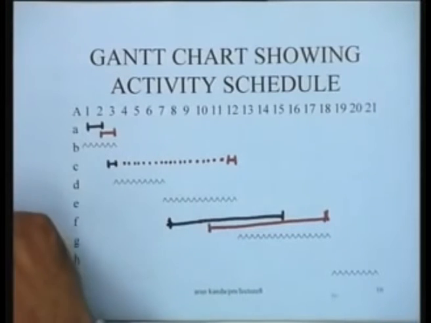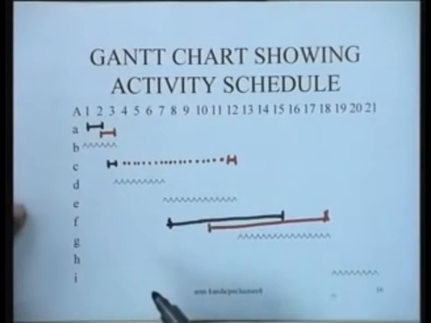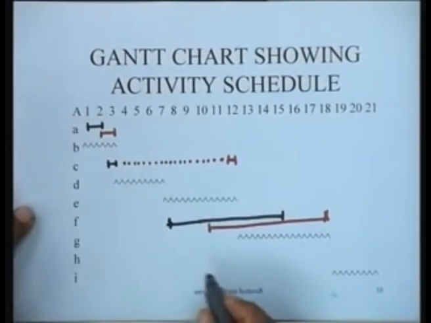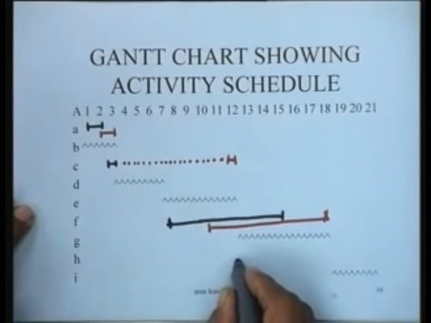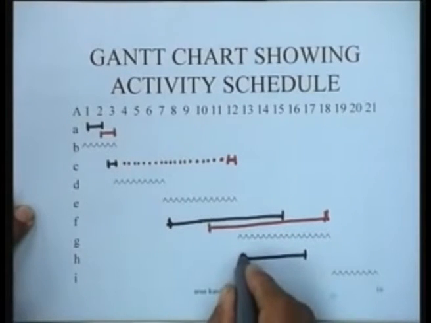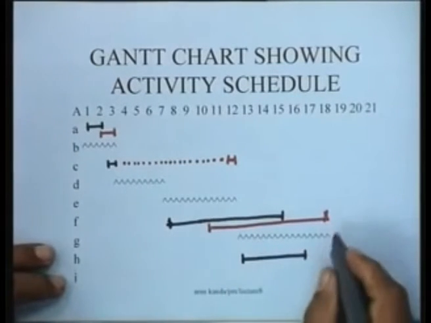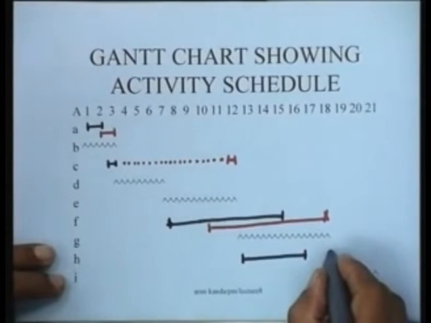Similarly, if we look at activity H, it can be done from period 12 to 16, that is the early start schedule for this particular activity, or the late start schedule can be going on up to period 18.